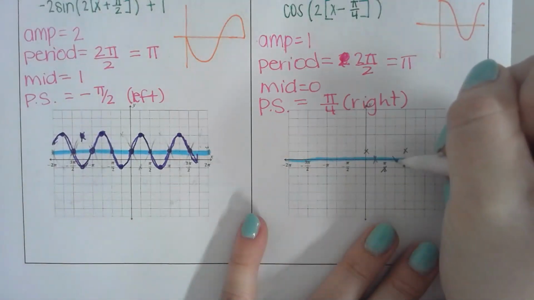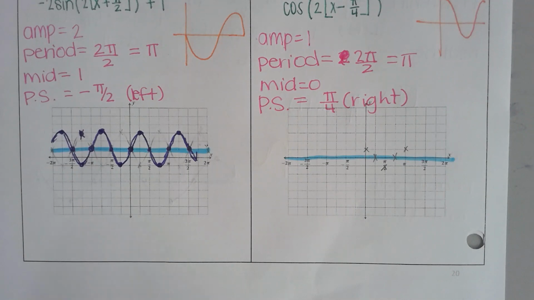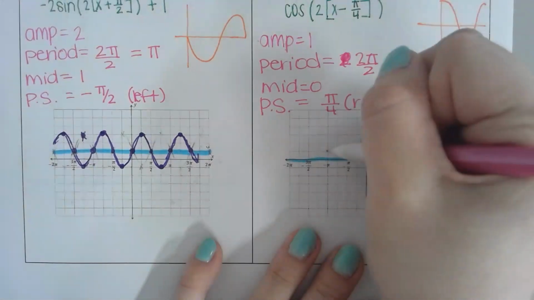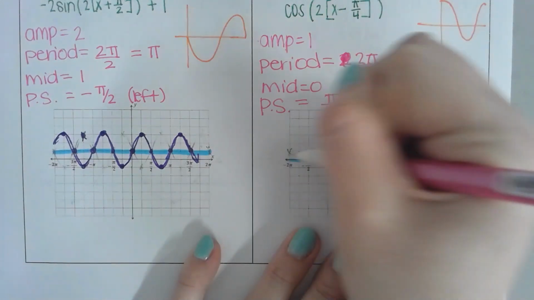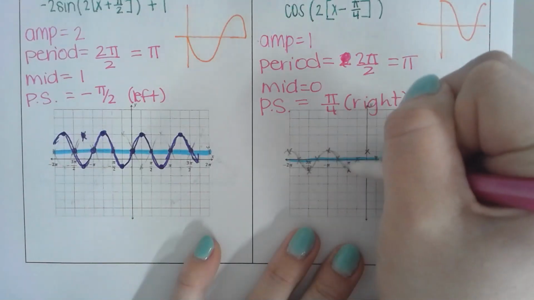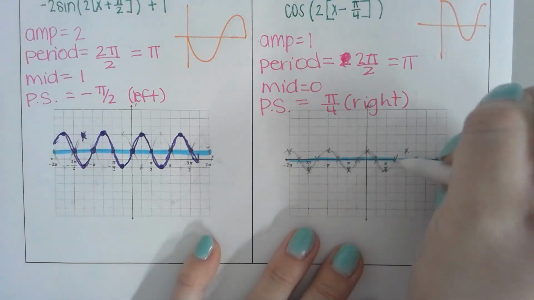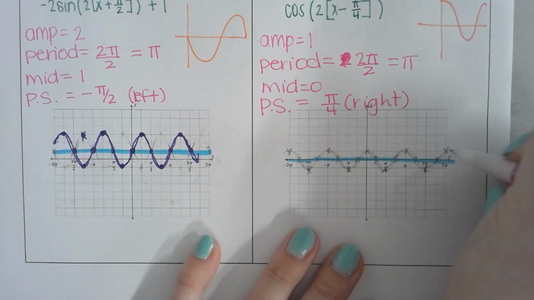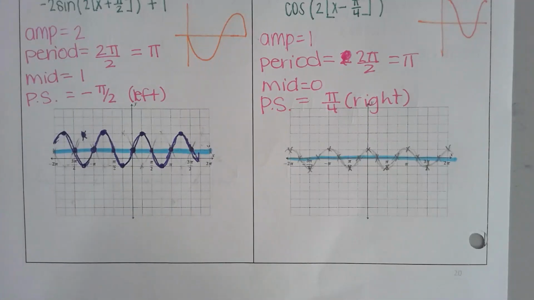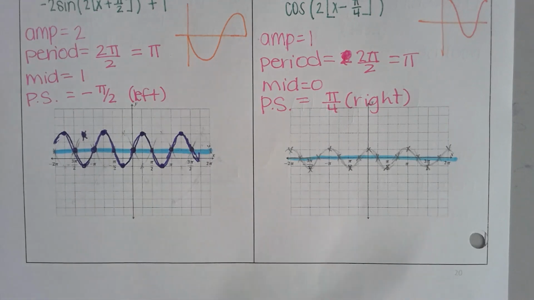And then in the middle is the midline. And then I'm going to move everything right, pi over 4, which is 1 block.